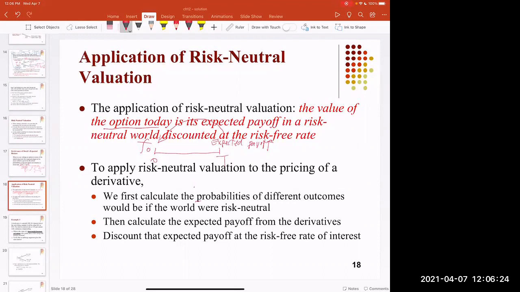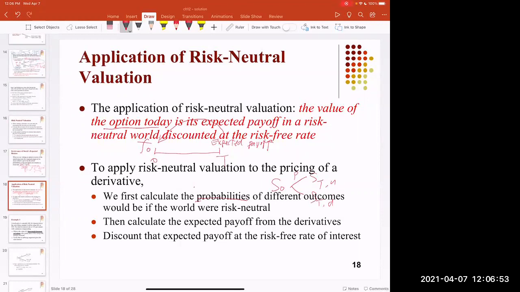Okay, so to apply risk neutral valuation to the pricing of a derivative, we first calculate the probability, because we consider only two possibilities for the stock price: go up or go down. The first step is to find the probability.